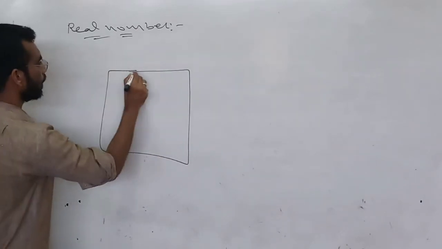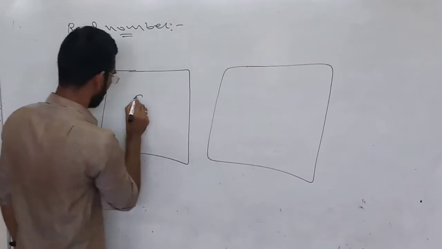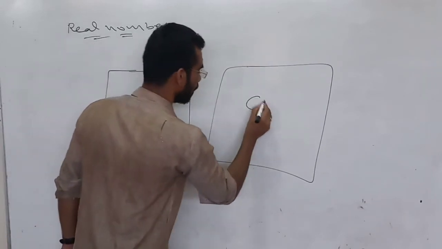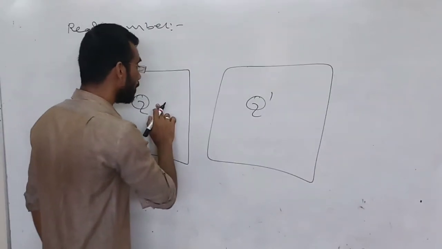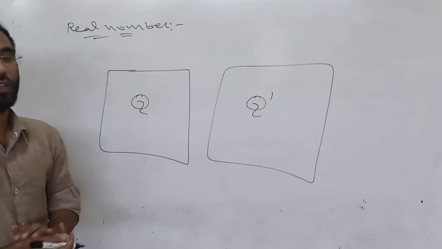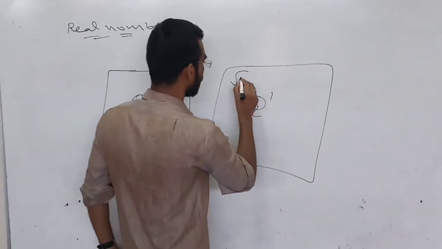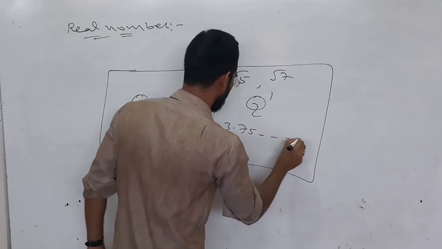See the example. It is a rational number and it is an irrational number. A rational number cannot enter into the irrational numbers. An irrational number cannot enter into the rational numbers. Examples: root 5, root 7, 3.75 dash dash dash.